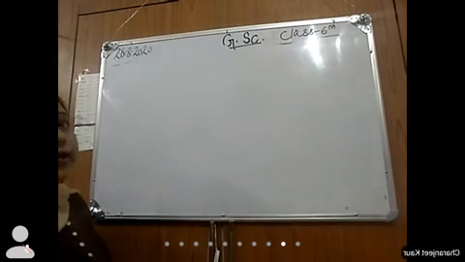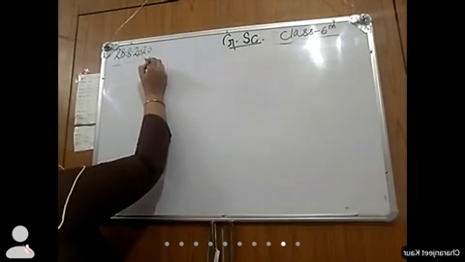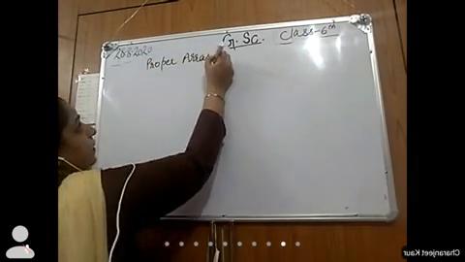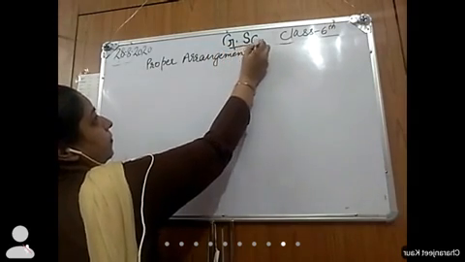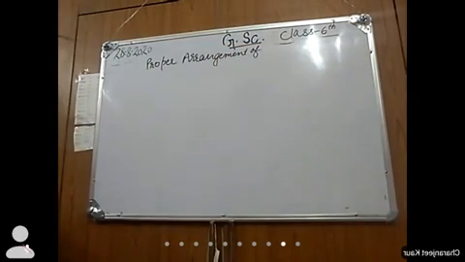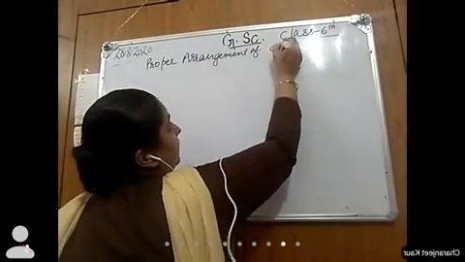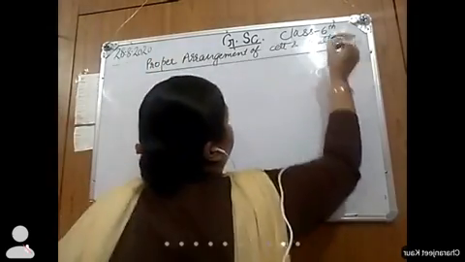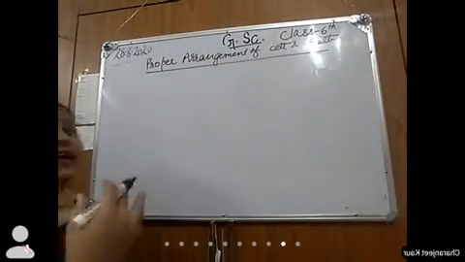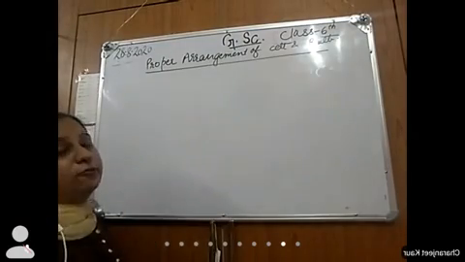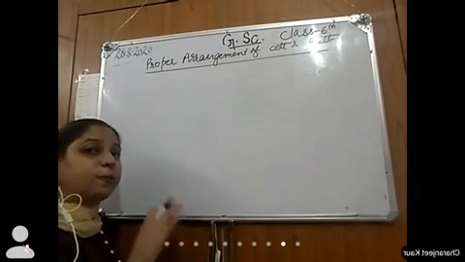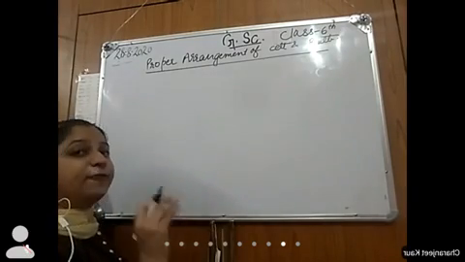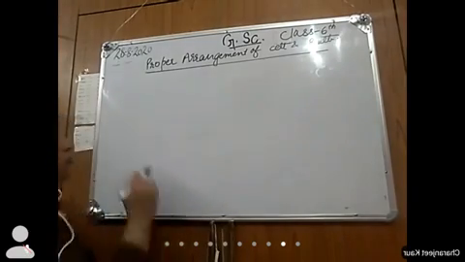Here we are going to check the proper arrangement of cell and bulb, when the bulb will glow. I will be drawing different arrangements and then we have to tell whether this is proper or not, whether the bulb will glow or not. In exams, this question comes in different forms.